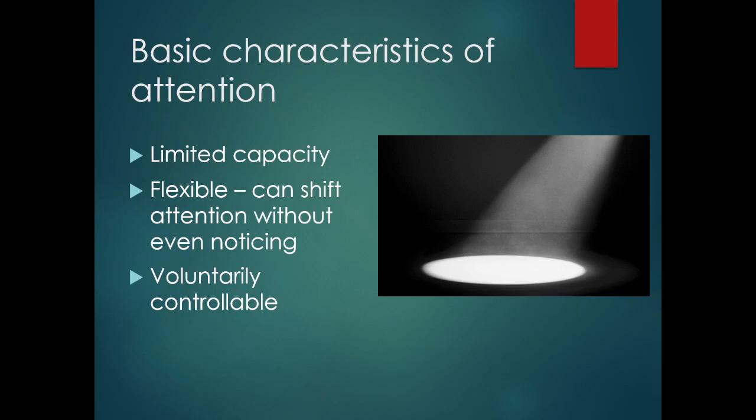And that's going to be something that you're going to remember throughout this chapter, is that we have a narrow band, a spotlight of attention. It can move, it can be pulled, it can be pushed, right? It is controllable. But if you don't even know that there's something out in that black background that's worthy of your attention, and it doesn't pull your attention over there, and there's nothing else that drives your attention over there, you're not going to notice it, you're not going to remember it. It's like it never happened.